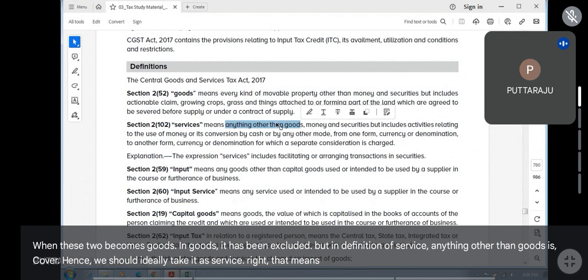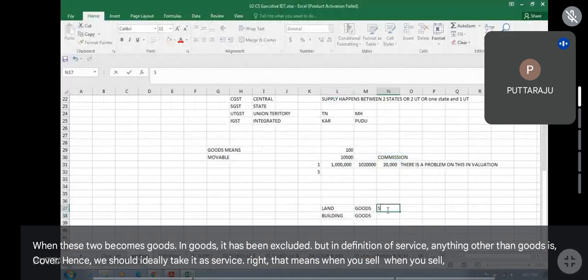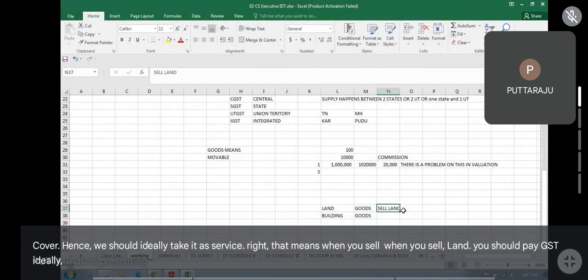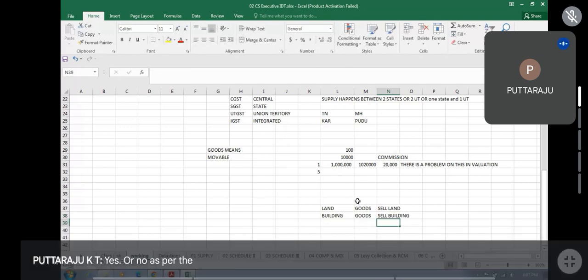That means when you sell land, you should pay GST ideally as service. When you sell building, ideally you should pay GST on building, right? Yes or no, as per the definition.